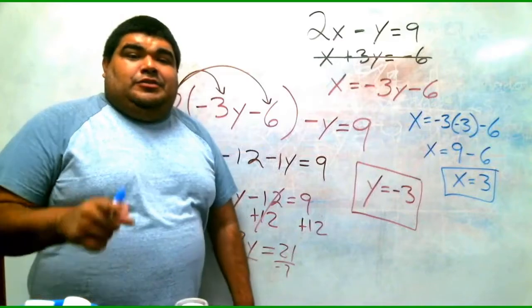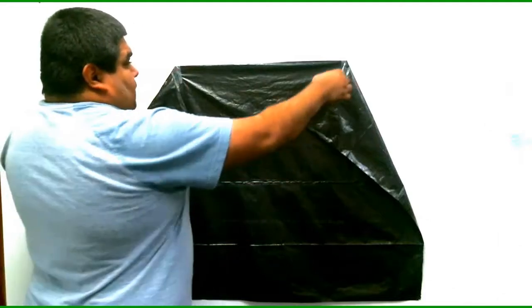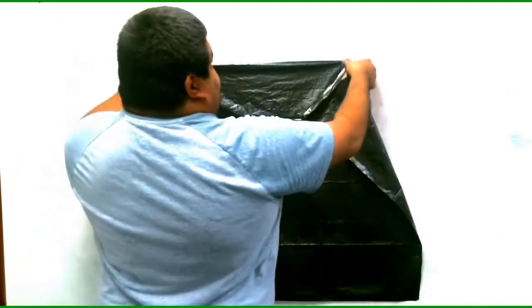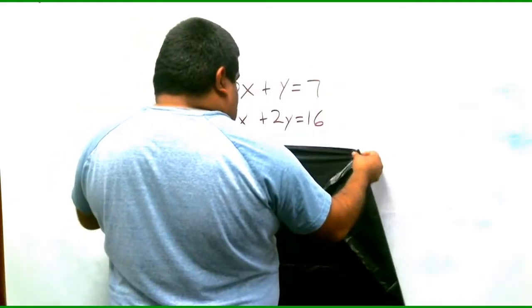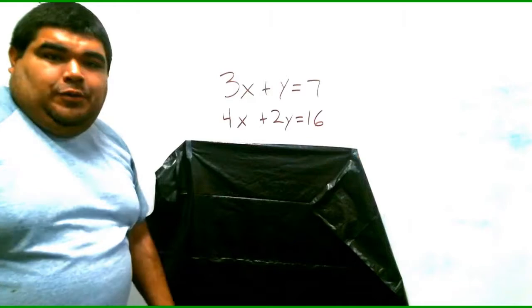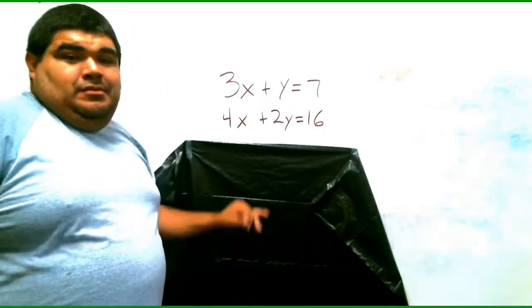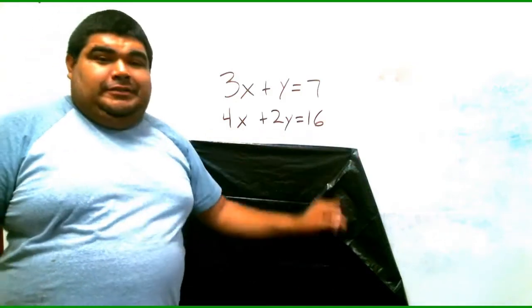So here's your assignment. All right, so here's the assignment for you guys for today. The first one is 3x plus y equals 7, and then 4x plus 2y equals 16.